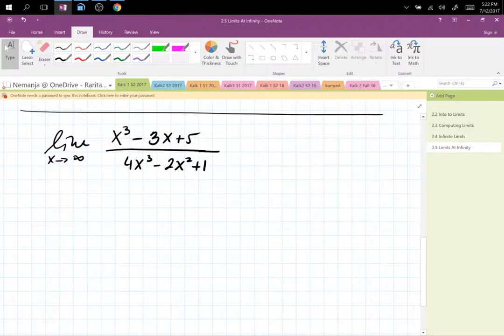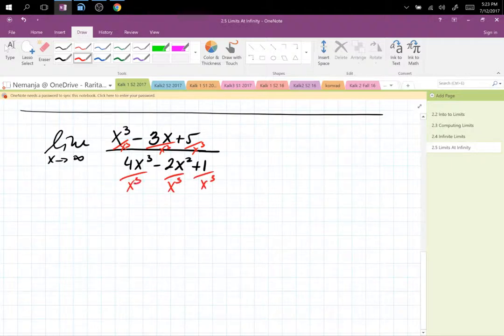The fastest way to deal with this is to locate the term that has the highest exponent overall. You have altogether 6 terms there, and you see that the highest exponent is x cubed. You are going to use the highest exponent to divide every single term in the problem. So I'm going to write over x cubed, over x cubed, over x cubed, everywhere.